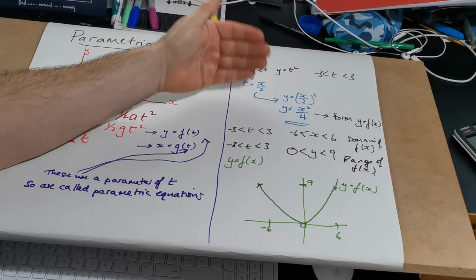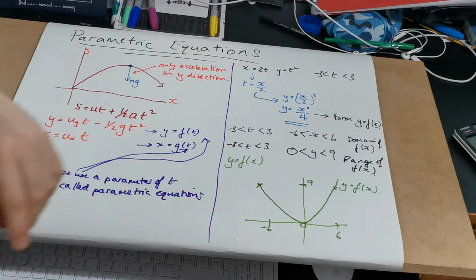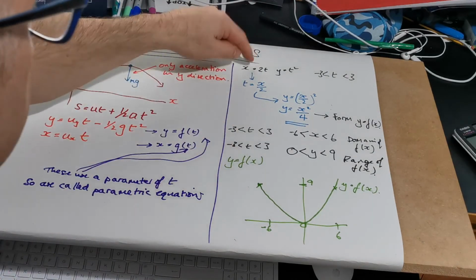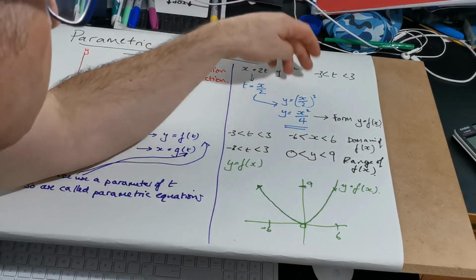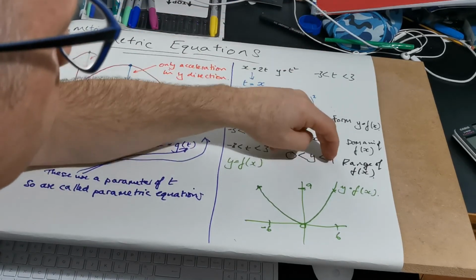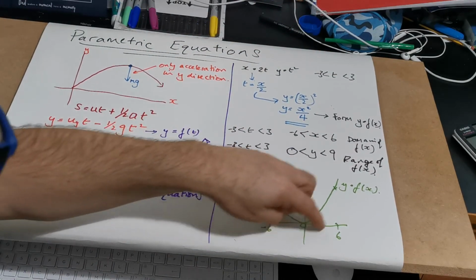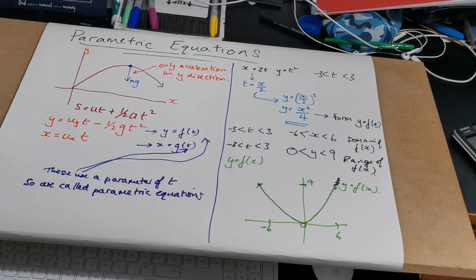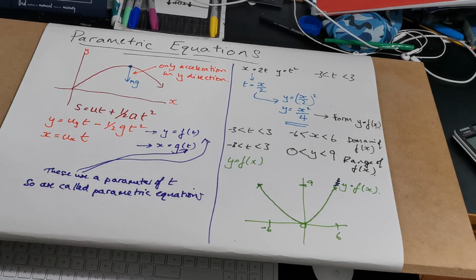And then if you look at the range of t values that you're given, then putting those in there will give you the domain of this function, and thinking about the t values in this one will give you the range, and therefore that will help us to draw a graph. So substitution, think about domain and range, and that should help you to draw.